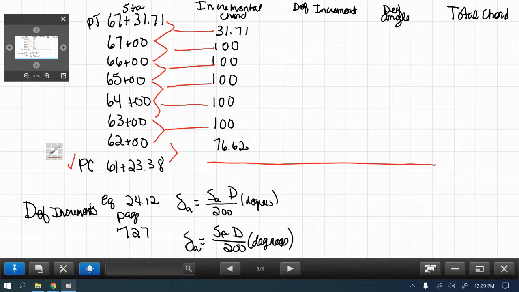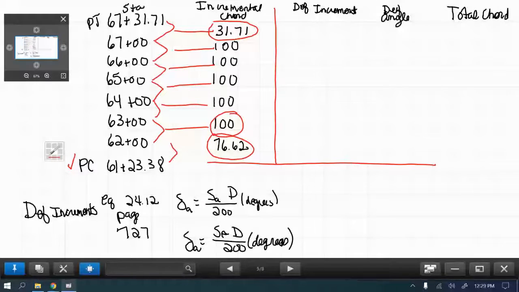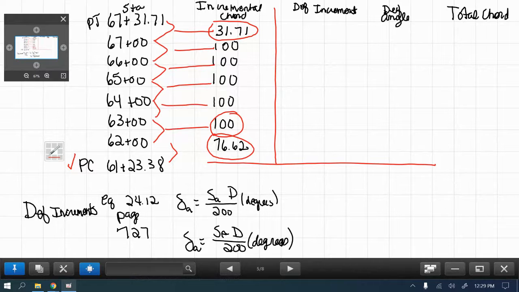Now to do deflection increments, I've only got to do this one for the one that's 100, and then the end. So for the first one, I'm going to use equation 24-12, where I'm trying to get the deflection increment. This is your incremental chords. So 76.62 times 4 divided by 200, because our degree of curve is 4.